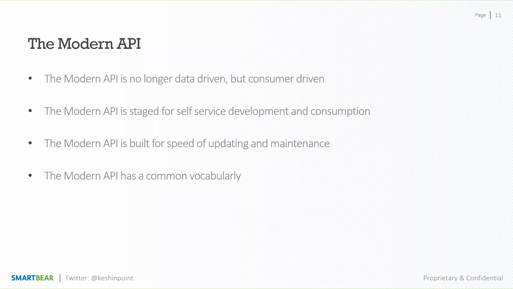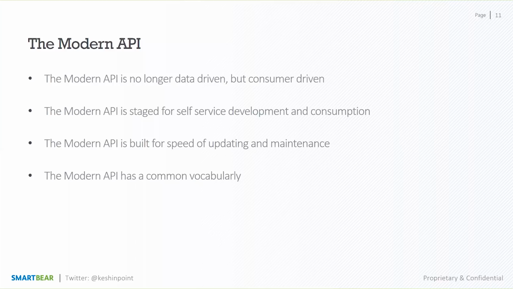And finally, the modern API has a common vocabulary. You have so many different programming languages in the world that are coming up. JavaScript is always something new happening in that world, right? There's so many different technology stacks available. Your APIs, if you're building it for long-term sustainability, should not impose limitations for different people consuming it in terms of technology stack.